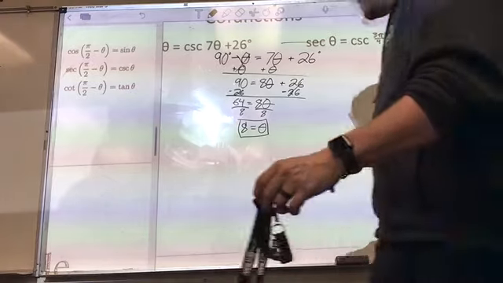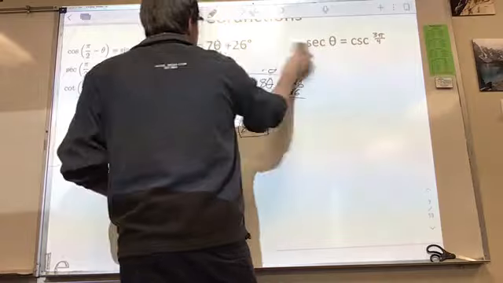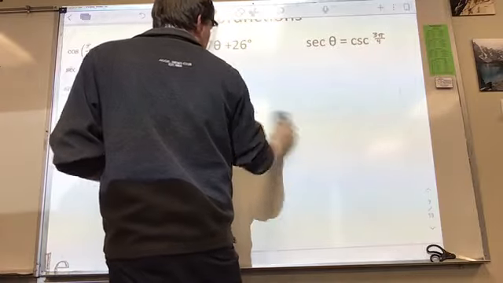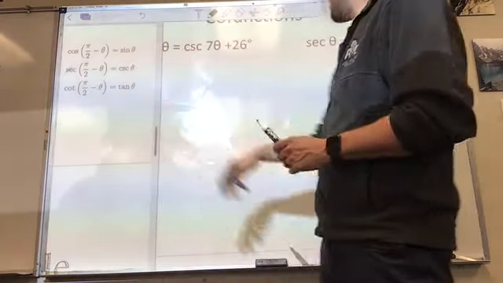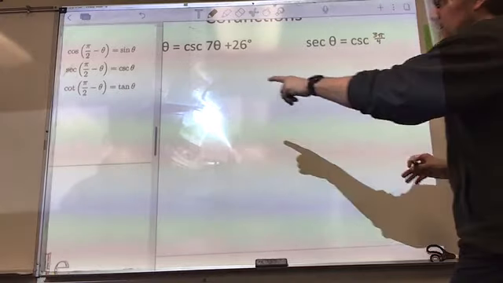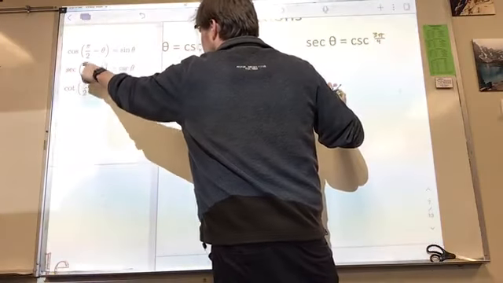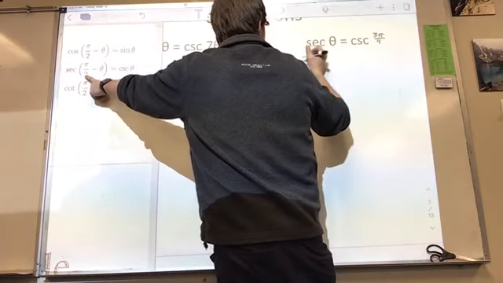So we have to work it out the same way though. They are co-functions of each other. So if they're co-functions of each other, we can use these co-function formulas. I got secant is pi over 2. We're actually going to use pi over 2 because this one has a pi as well.